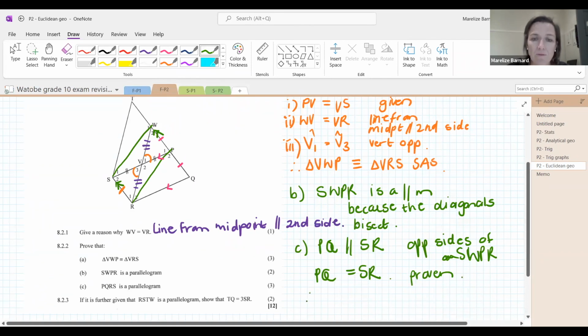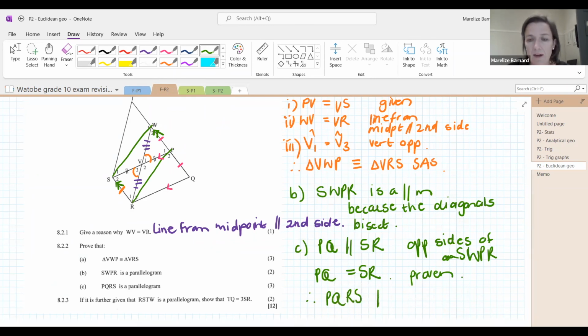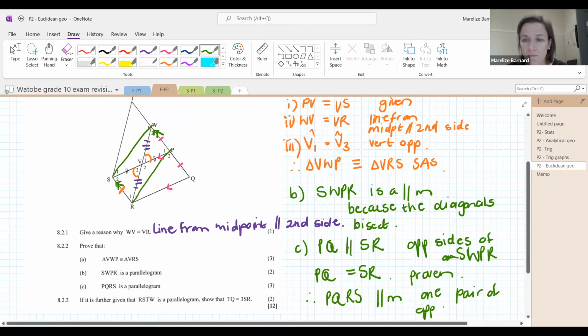And therefore, we can say that PQRS is a parallelogram, one pair of opposite sides parallel and equal. Okay, you're welcome to take a screenshot of that if you want.